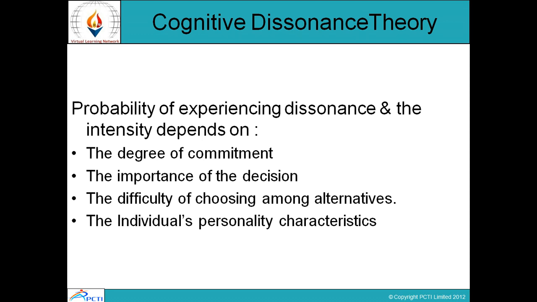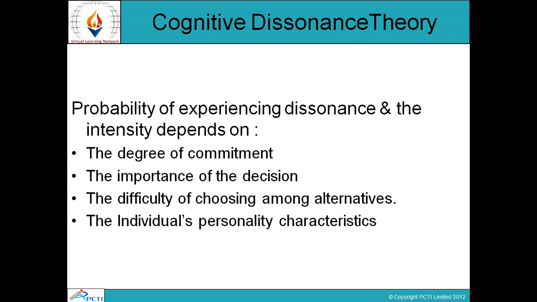Purchase decisions, particularly of expensive items, require some amount of compromise, and due to this reason, feelings of dissonance are quite normal. The probability of experiencing dissonance and its intensity depend on the degree of commitment. If it is easier to alter the decision, the consumer is less likely to experience dissonance.